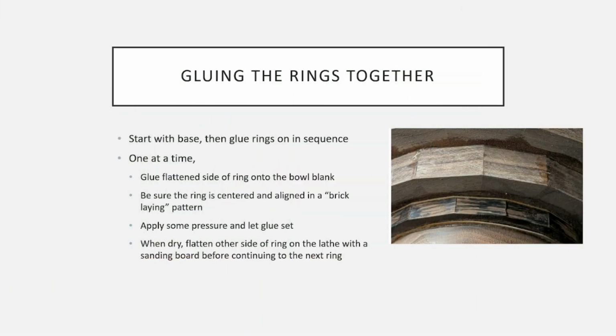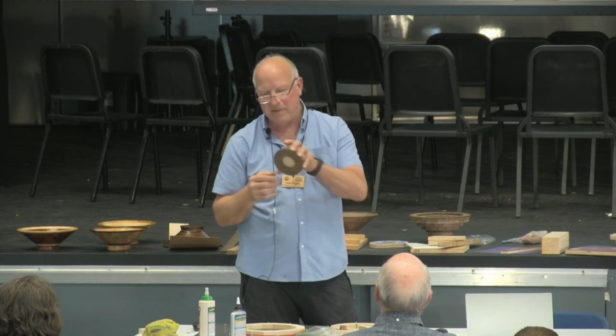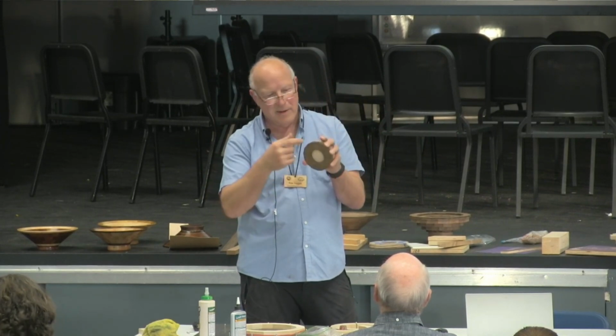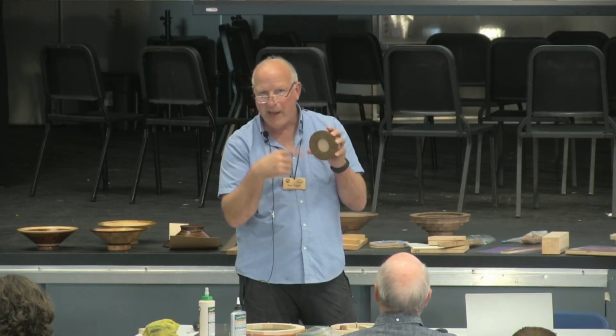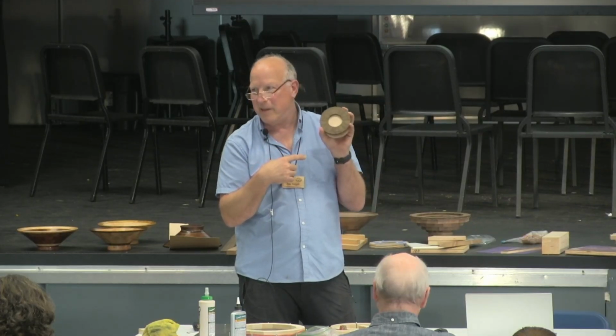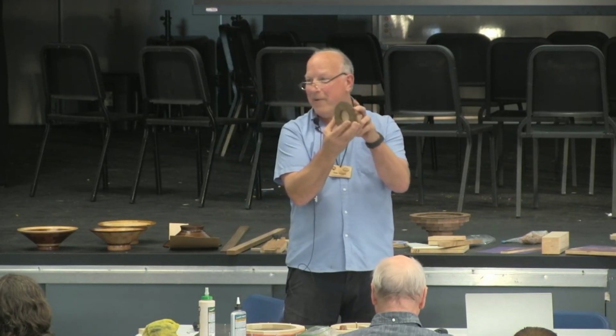So back to this little guy, what I will do is I'll take the sanded side and I'll glue it on. And this one is easy. I don't have to worry about the bricklaying pattern, getting that oriented right. But what I do have to worry about is making sure that it's centered, that it's not way off to the side, right?